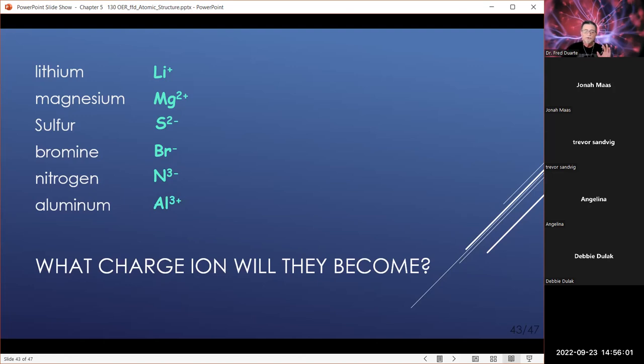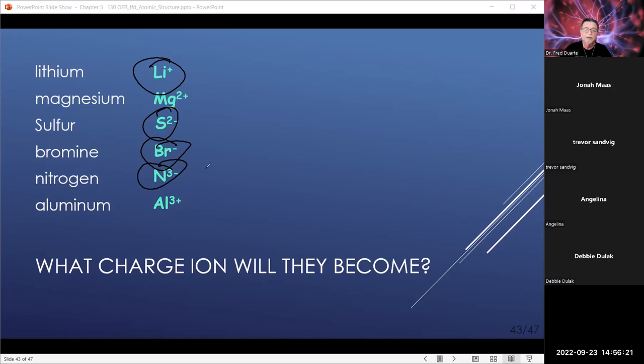Now, what we're going to start doing is putting compounds together. We're going to start putting the cations and the anions together. So that means that I can take lithium ion and bond it to the bromide, or the sulfide, or the nitride.